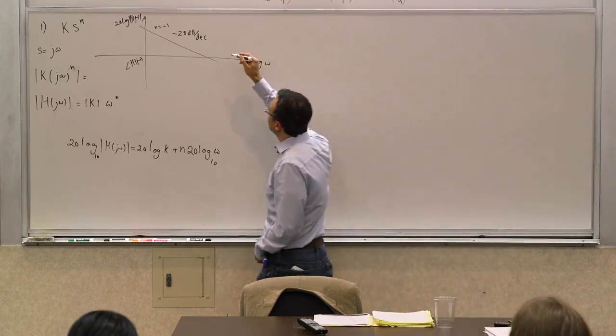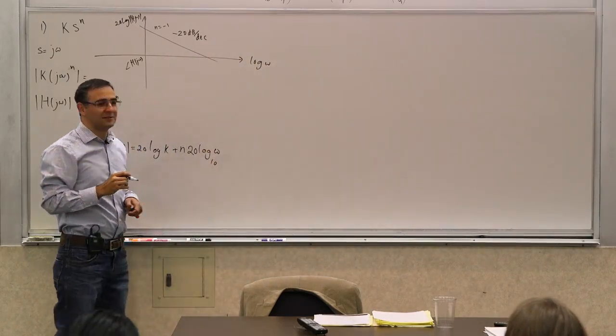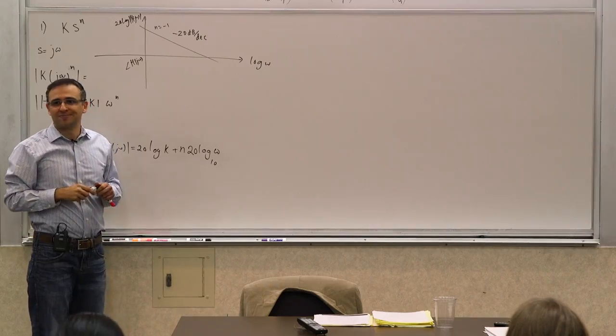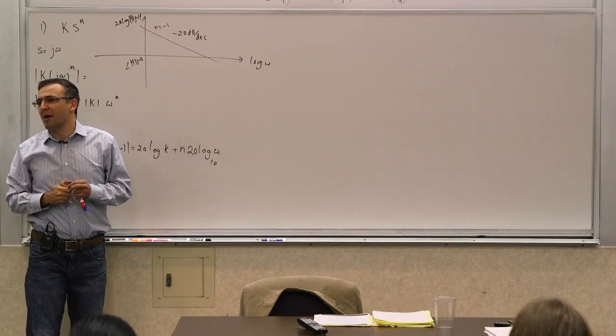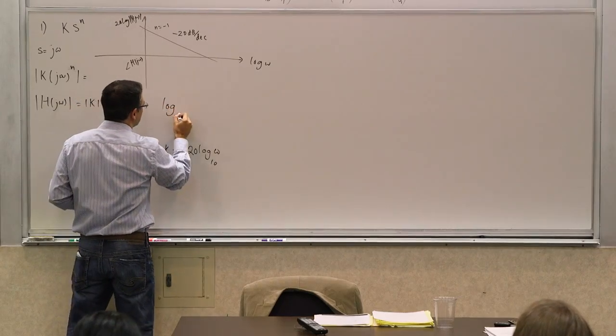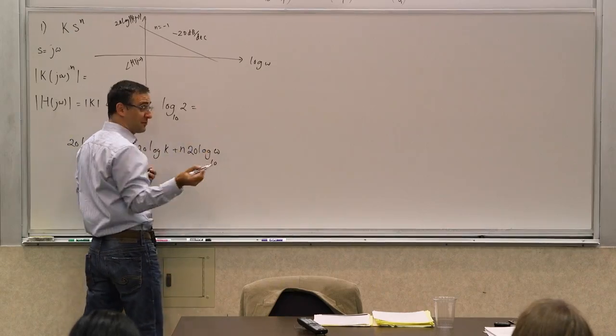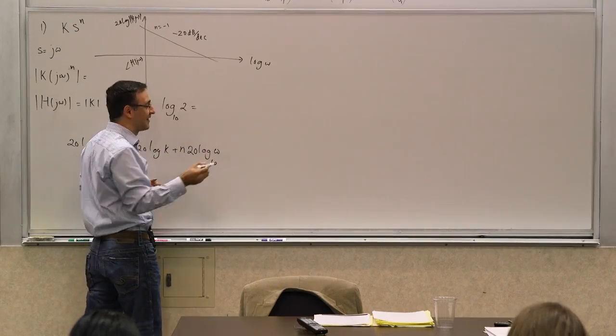So how many dBs per octave would it be? If I double the frequency, what would I get here? So this is one log it's worth remembering. What's log base 10 of 2? No, it's not 6. First of all, it has to be smaller than 1, right? Obviously.